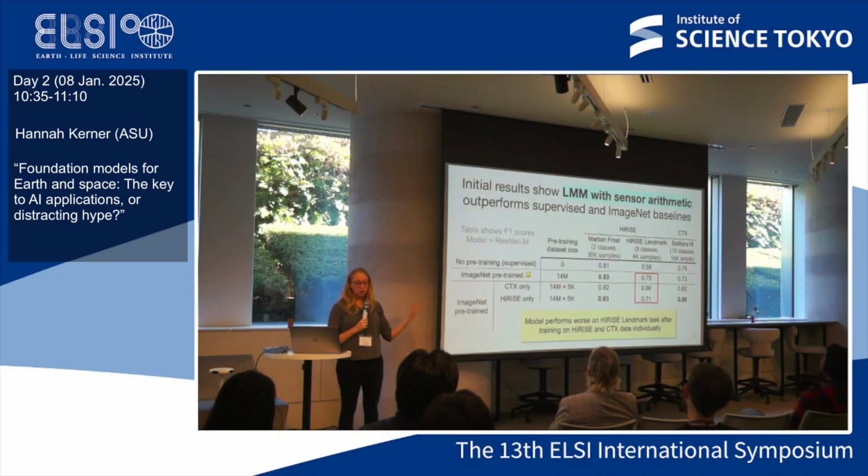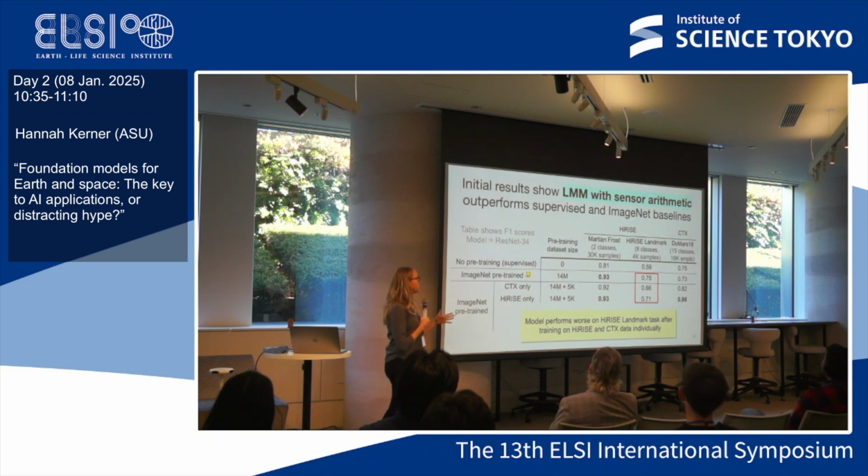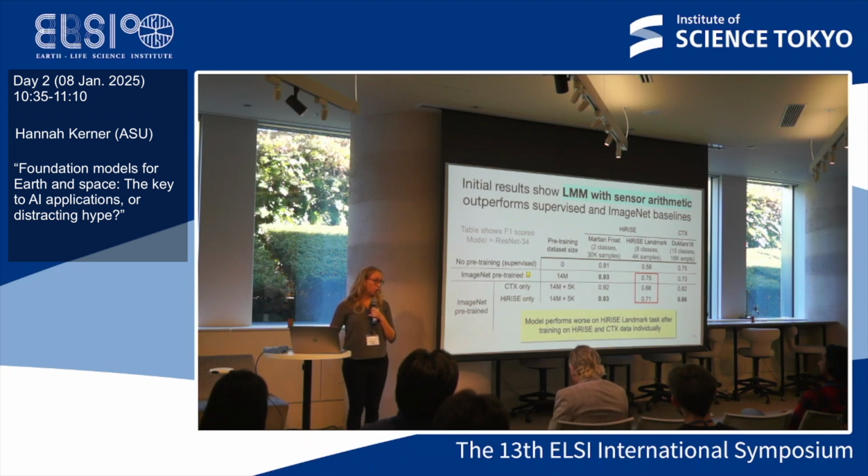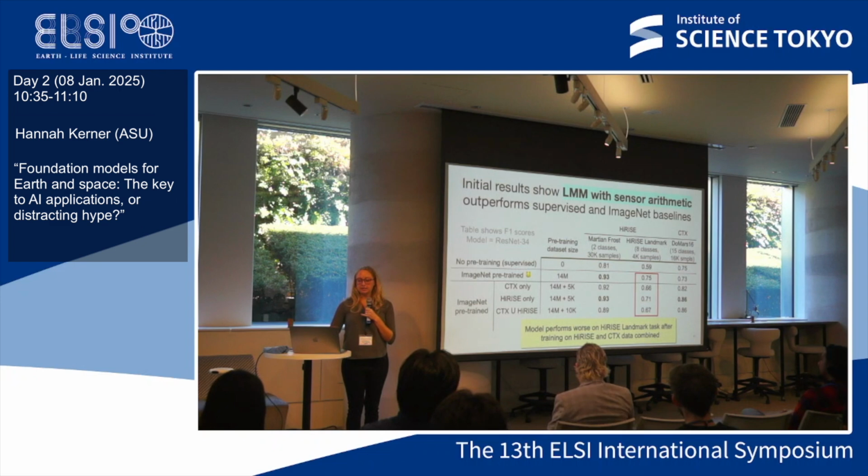So long story short, with the results, when we evaluated our pre-trained model on these different tasks that I mentioned, we found some really interesting things. If you take the pre-trained model and you show it more CTX or HiRISE data, just individually one of these instruments, then the model actually gets worse than if it didn't see any Mars data at all on one of the tasks.